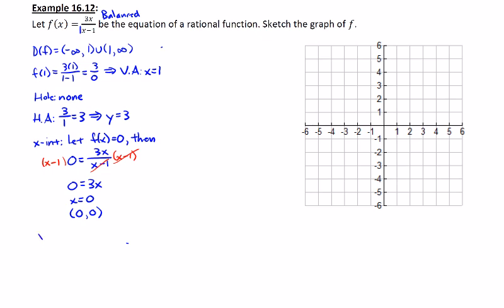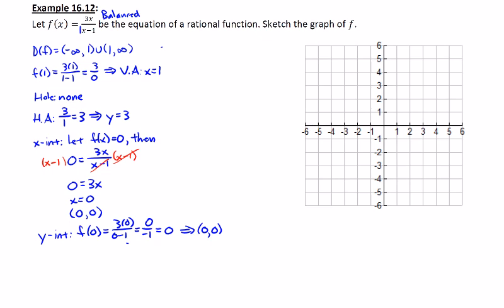The y-intercept calculation is going to be done by looking at f of 0. F of 0 will be 3 times 0 over 0 minus 1, which will be 0 over negative 1, which gives us 0. So that implies that the origin should also represent the y-intercept.